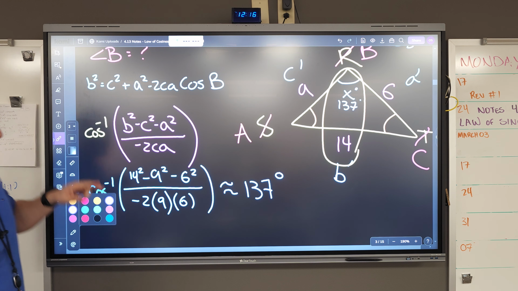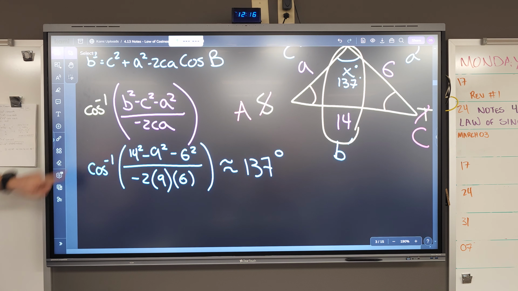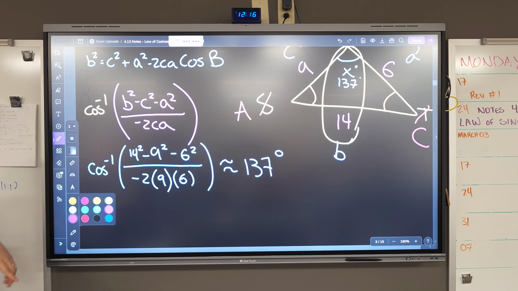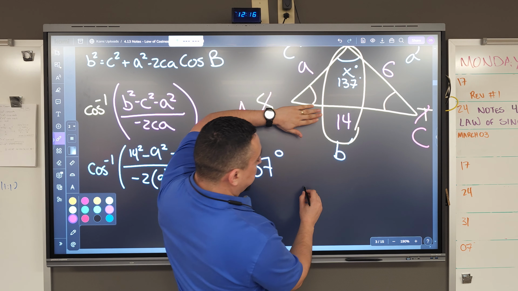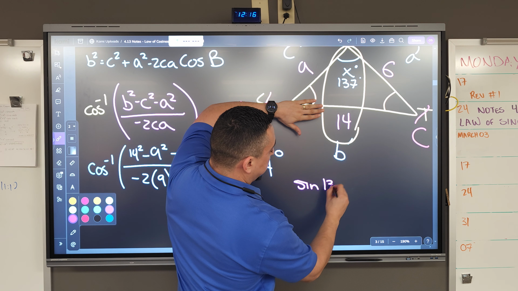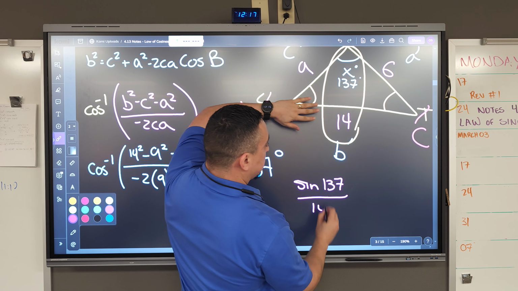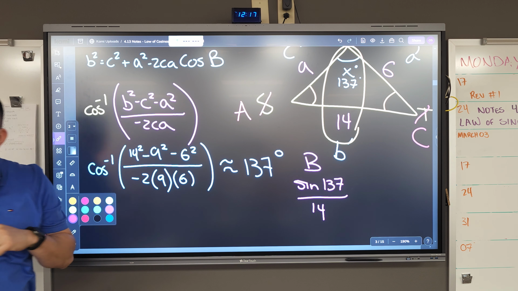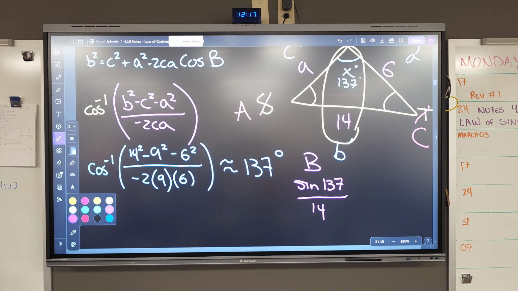I'm going to switch gears on you and go to law of sines now because it's a little less work maybe. Okay, so here we go. Sine 137 over 14. This is my B fraction. This is ultimately where we want to get, where we can switch back and forth with what we need.